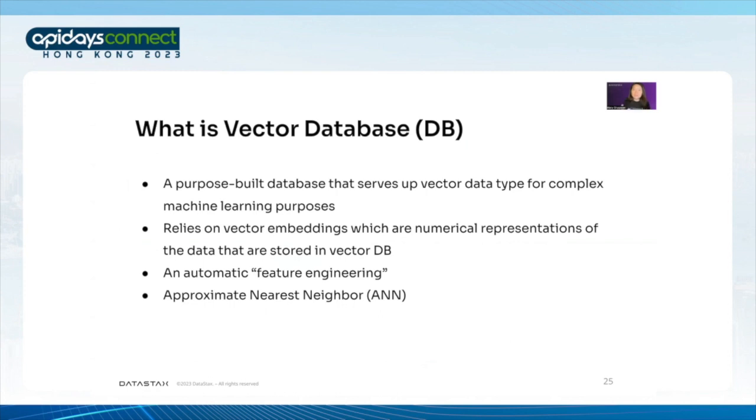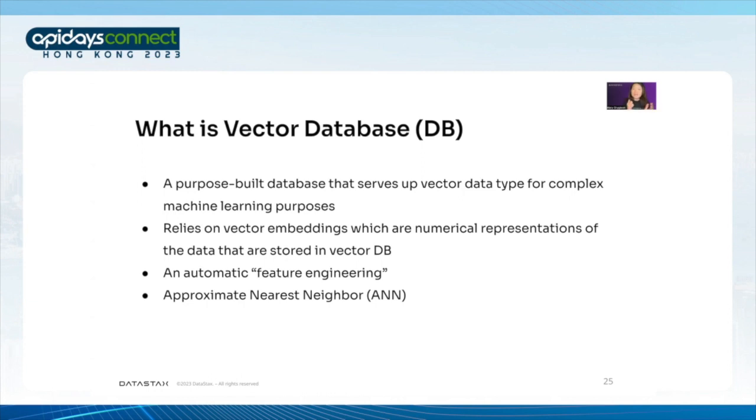And this leverages linear algebra, if you're a math person, that type of vector way of operations. So these are vector data types, and they're multidimensional, and therefore used for complex machine learning purposes. It relies on vector embeddings, which are numerical representations of the data that are stored in the vector DB.